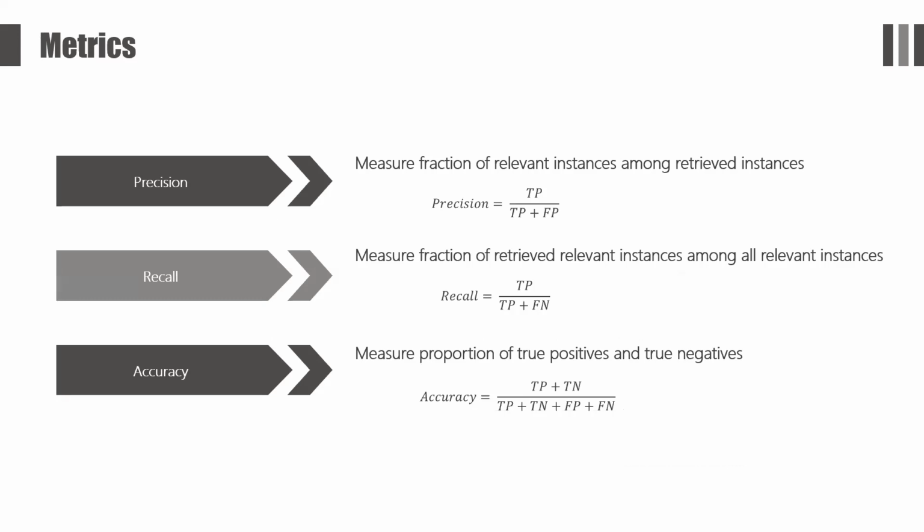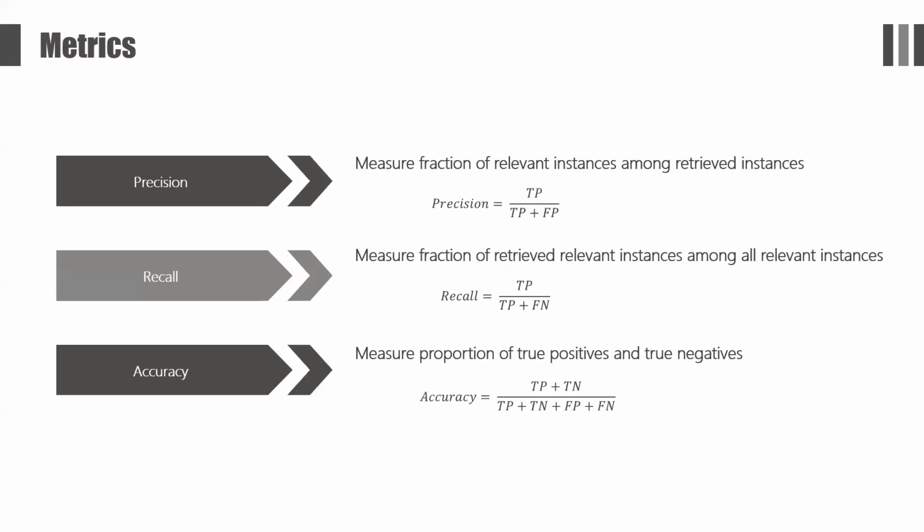Next, we will evaluate the model based on three indicators. The first indicator is precision, a measure of relevant instances among retrieved instances. The formula for precision equals TP over TP plus FP. The second indicator is recall, a measure of retrieved relevant instances among all relevant instances.